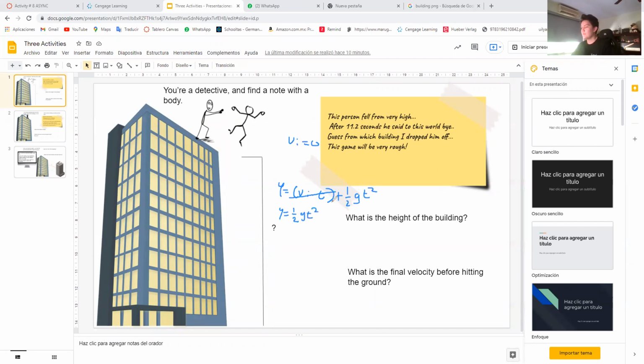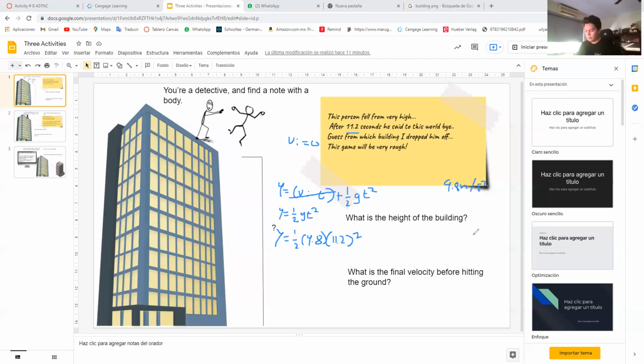We replace the information, which is y equals 1/2. g is 9.8 meters per second squared. We replace that, and we also have to multiply by time, which is 11.2 seconds. And don't forget to square it.